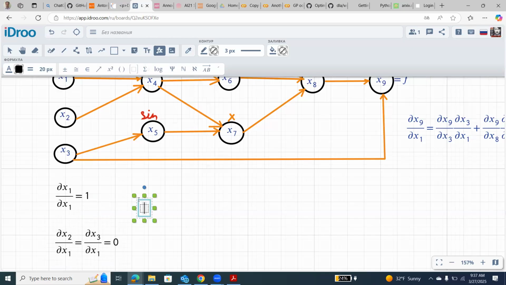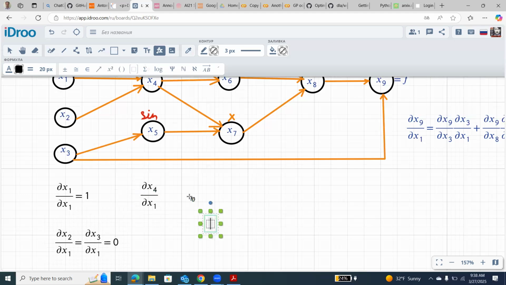Then let's calculate derivatives of x4 and x5 with respect to x1. So x4, what is the function there?